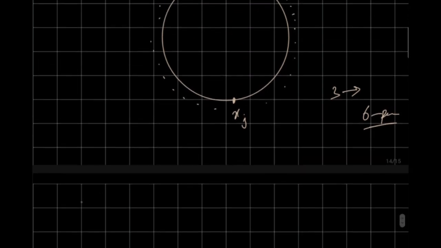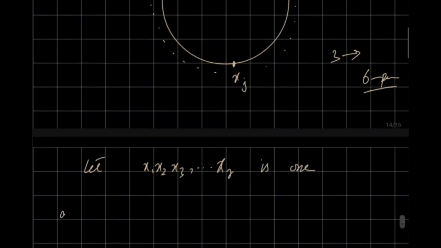So call this permutation, let x1, x2, x3, dot dot dot xr be the one arrangement. I am interested in those arrangements which are identical to this particular arrangement.